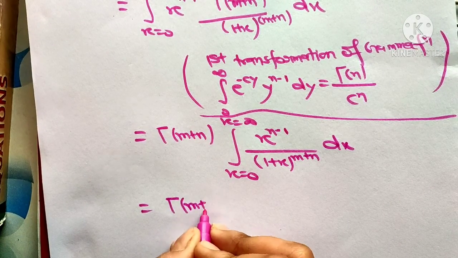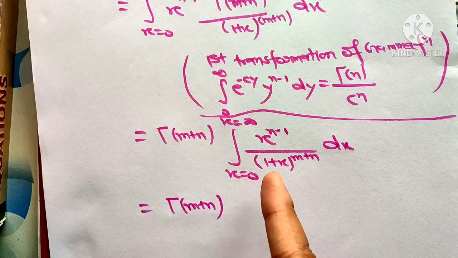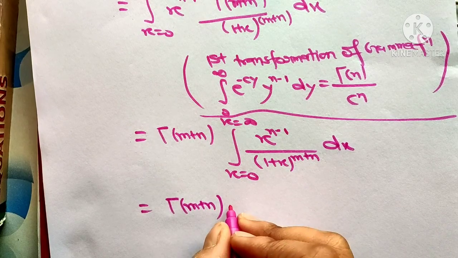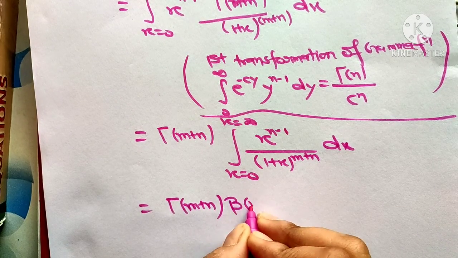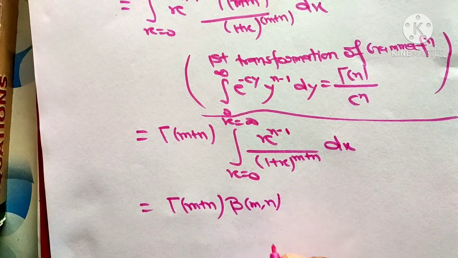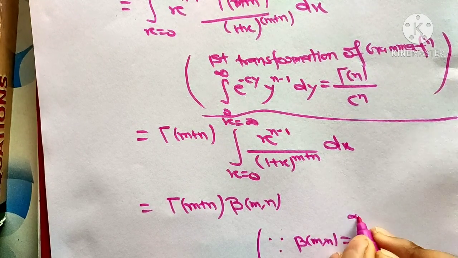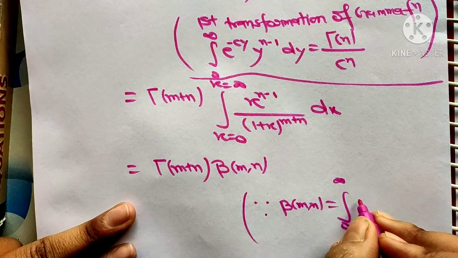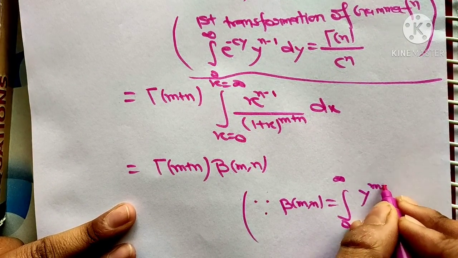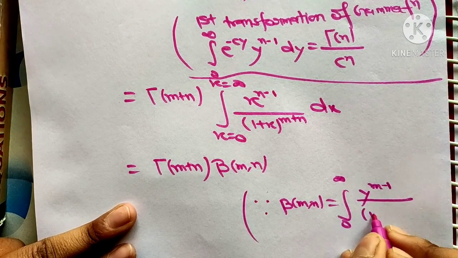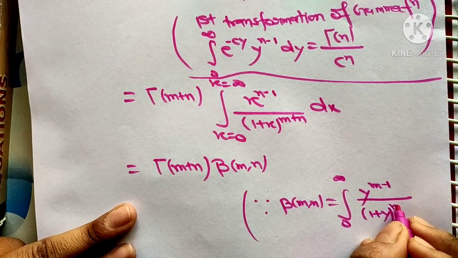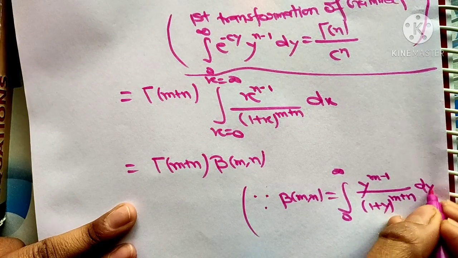In the place of this we can write beta mn, since we know that beta mn is equals to integral 0 to infinity y to the power m minus 1 upon 1 plus y to the power m plus n dy.